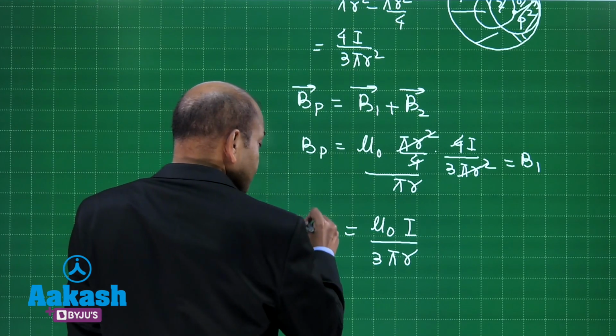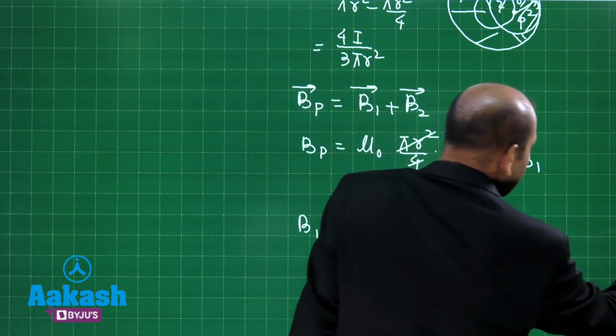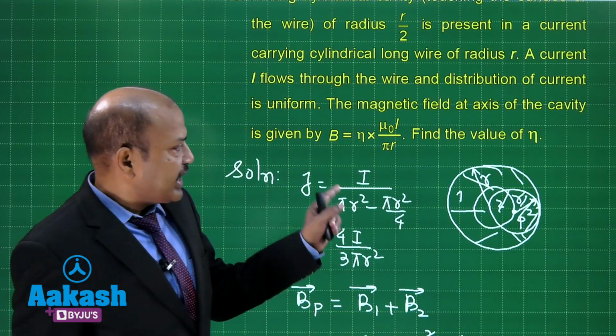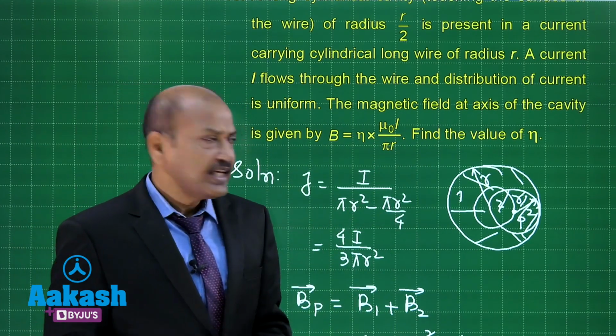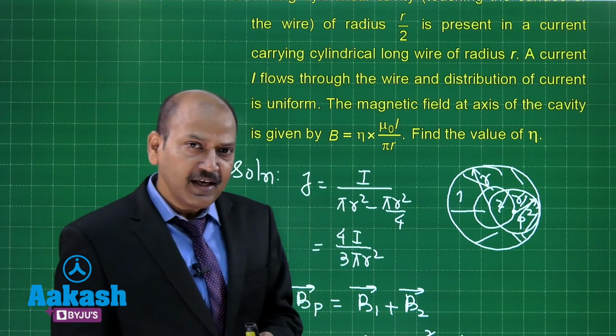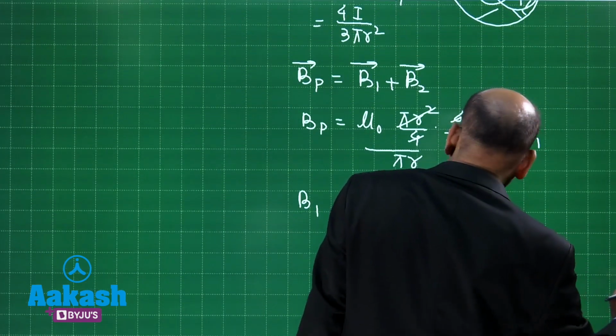So, this is the magnetic field in which we are interested. Let us compare our expression with the expression given in the question. We are getting mu naught I divided by 3 pi r, and this is eta times mu naught I by pi r, which means the value of eta is 1 by 3, and well, we have to put it in decimals.